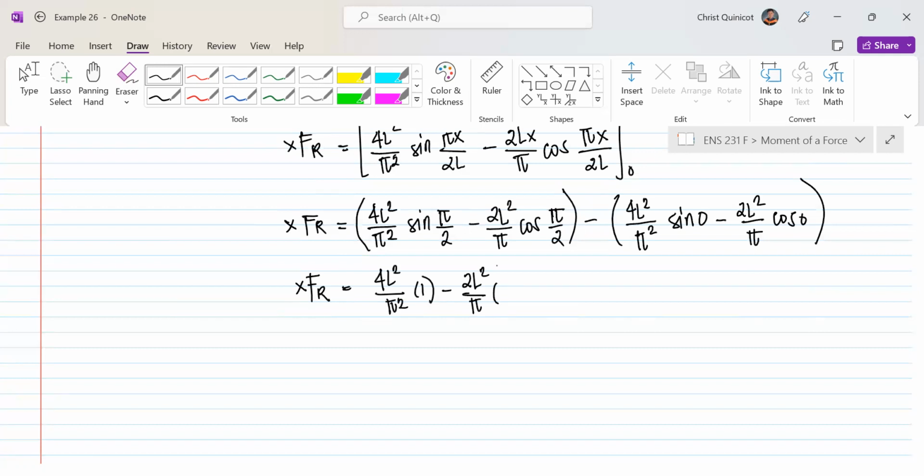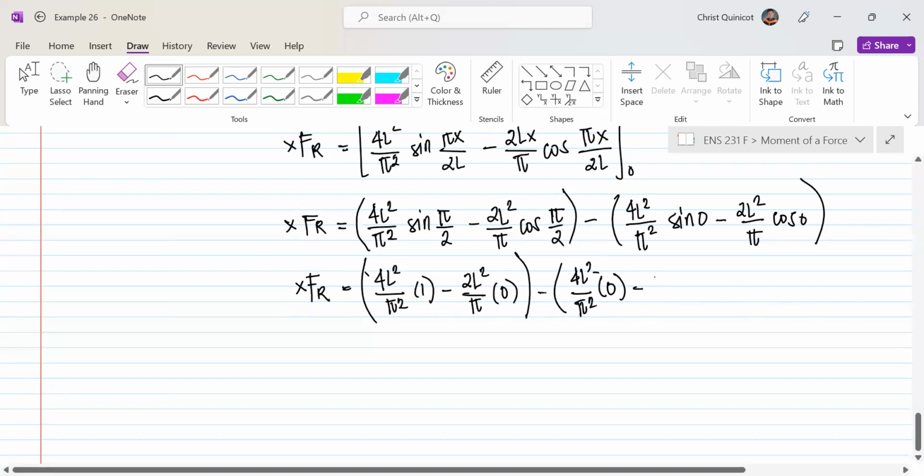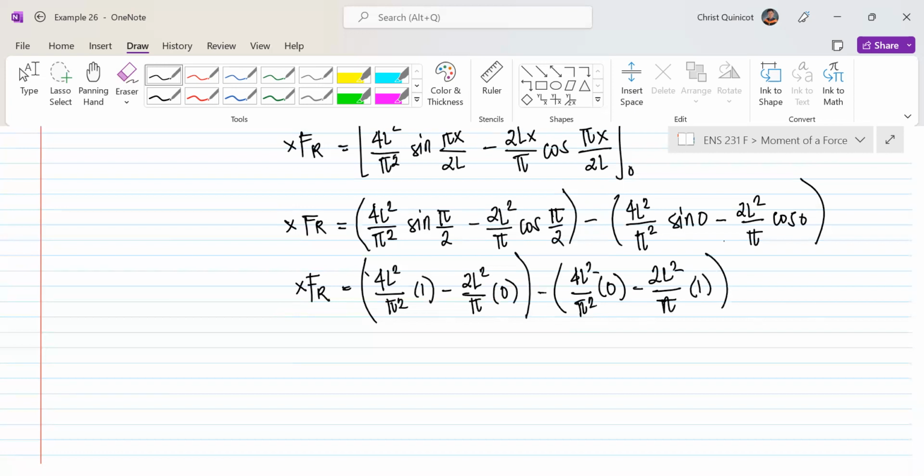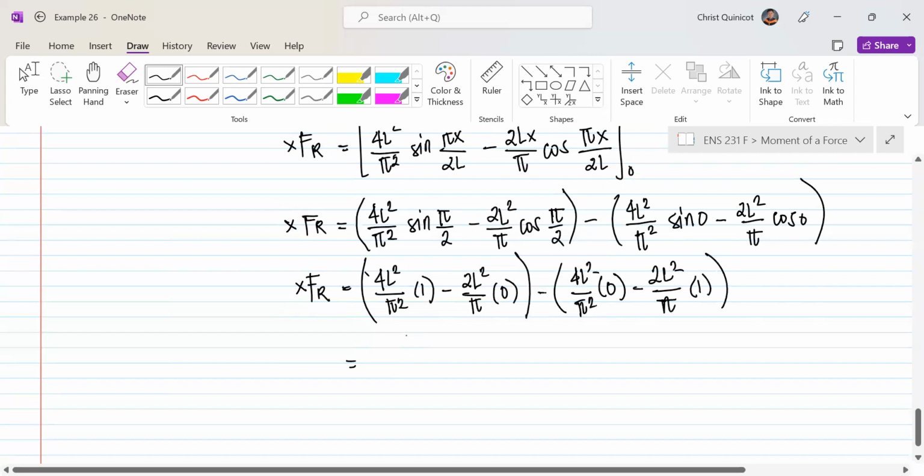Cosine 90 is 0 minus 4L squared over pi squared. Sine 0 is 0. So this is 0 minus 2L squared over pi. Cosine 0 is 1. So this becomes now 4L squared over pi squared.